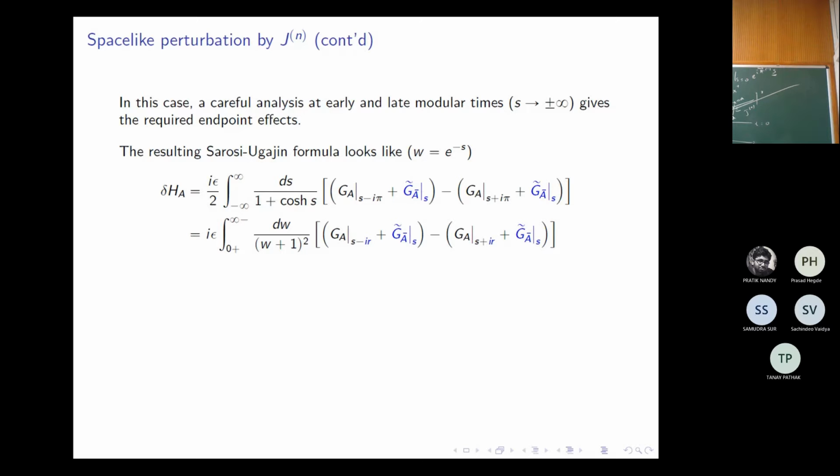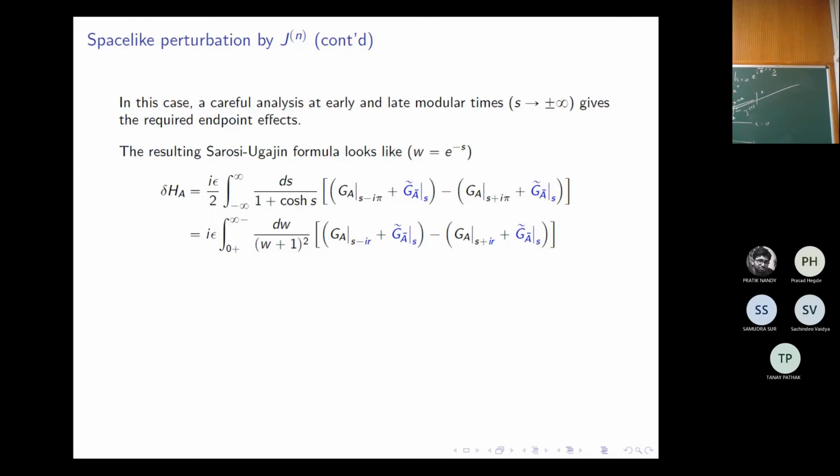I am not canceling them out yet, and in fact, if I cancel them out, I will run into trouble. So for now, I have kept cutoff at W equal to 0 and infinity, but I would not need it if I have this regularized part.